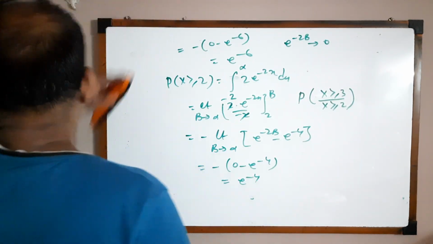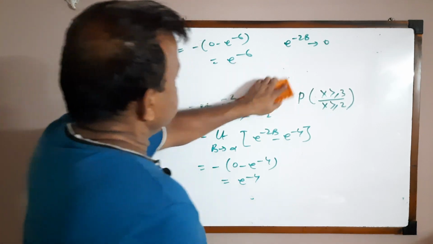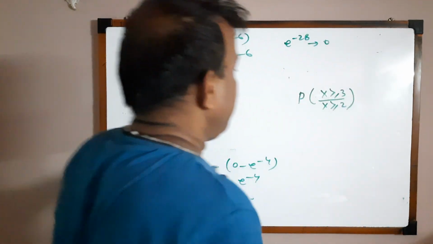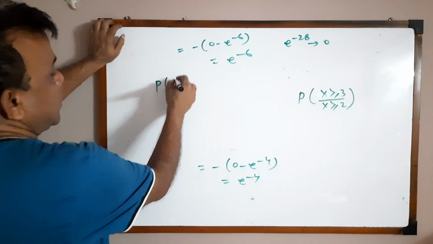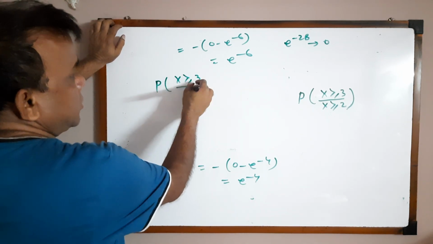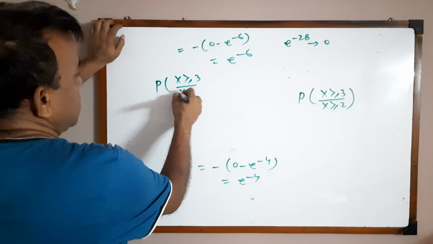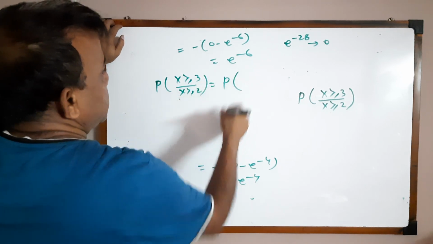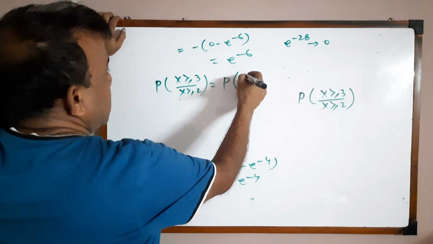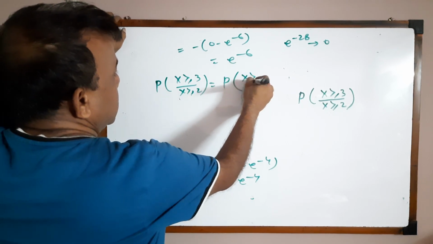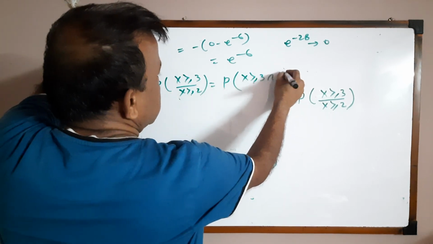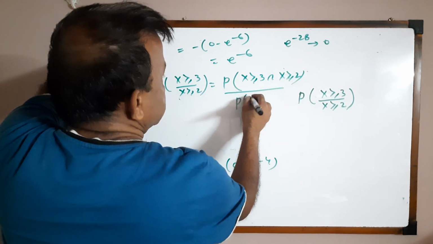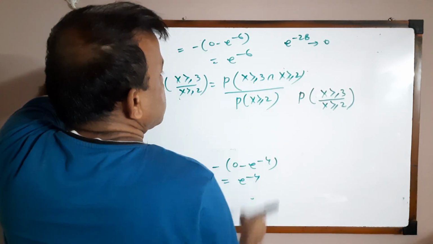Therefore, for the conditional probability, X greater than or equal to 3 given X greater than or equal to 2 is the probability of X greater than or equal to 3 intersection X greater than or equal to 2, divided by the probability X greater than or equal to 2.